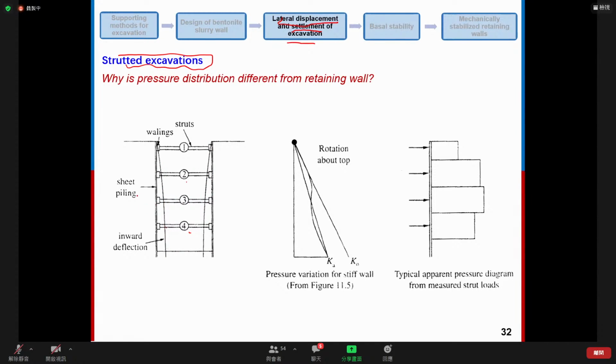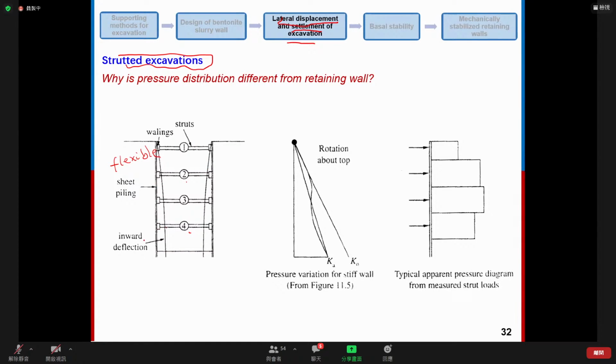So consider the sheet pile wall is kind of a flexible retaining wall. We have already discussed about it. So it will have a lateral deflection, even though we have a supporting system like struts.